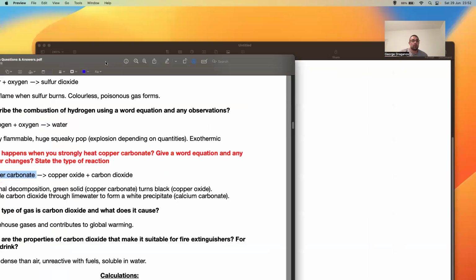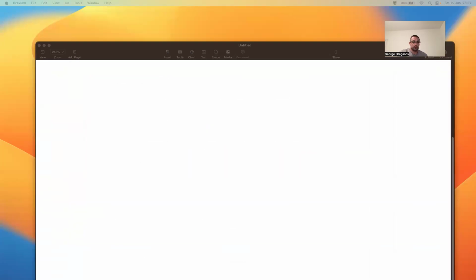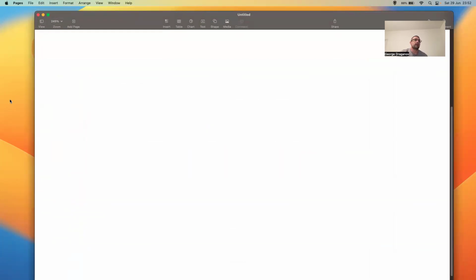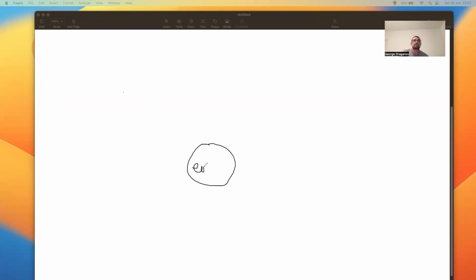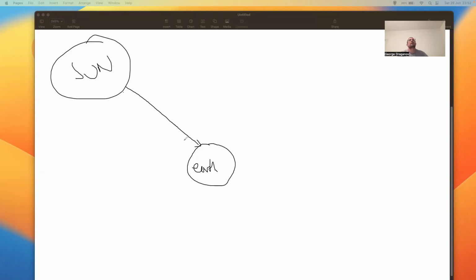Now, on to the global warming part then, which will be, I believe, the final part. So global warming, this is how it works. You have the Earth here. You got the sun here. And the sun will release UV light. Here we have the greenhouse gases.